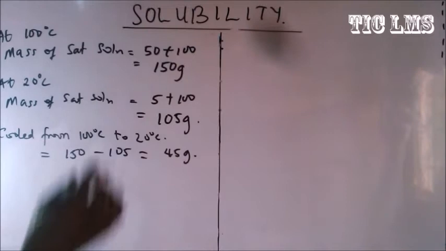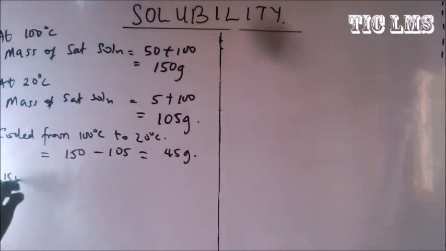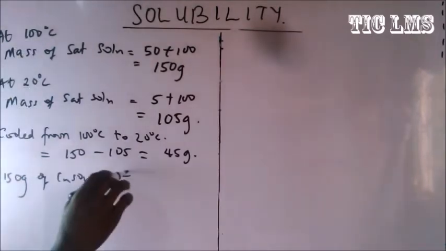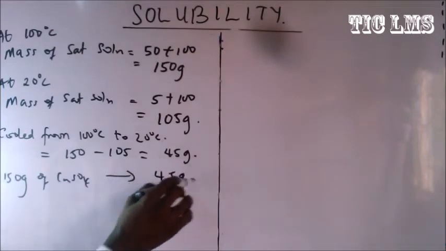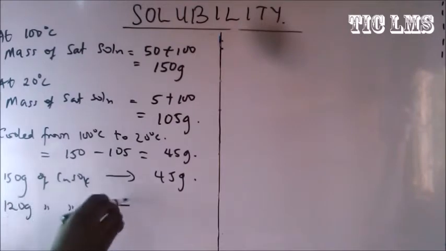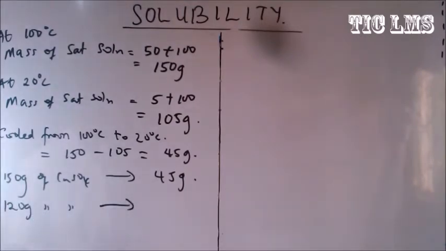Hence, in this case now we have 150 gram initially of saturated solution. When it was cooled from 100 to 20, we had 45 gram which precipitated out, or which was deposited. Hence, when we have 120 gram of this same solution, what will be the mass of CuSO4 that will precipitate out?